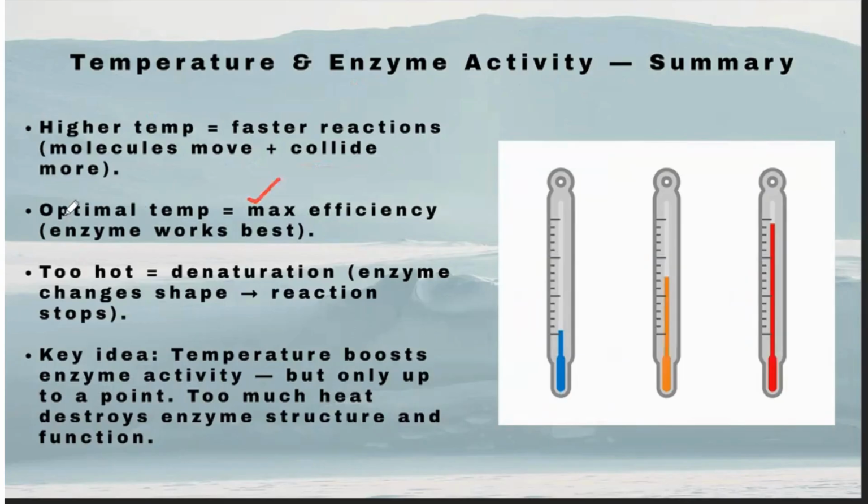Each enzyme has its own optimal temperature, which basically means the enzyme works at its maximum efficiency. If it's too hot, we have denaturing, which means that it changes shape, and essentially that reaction can stop. So essentially we want temperature to boost that enzyme activity, but only up to a significant point. If we have too much heat, then what ends up happening is we have denaturing. So we don't want that to happen.